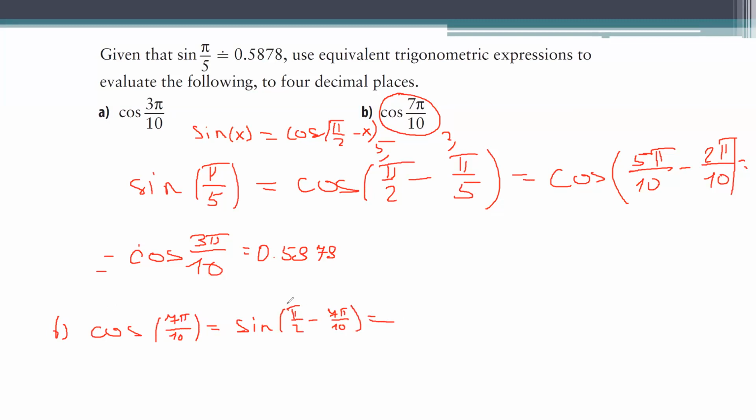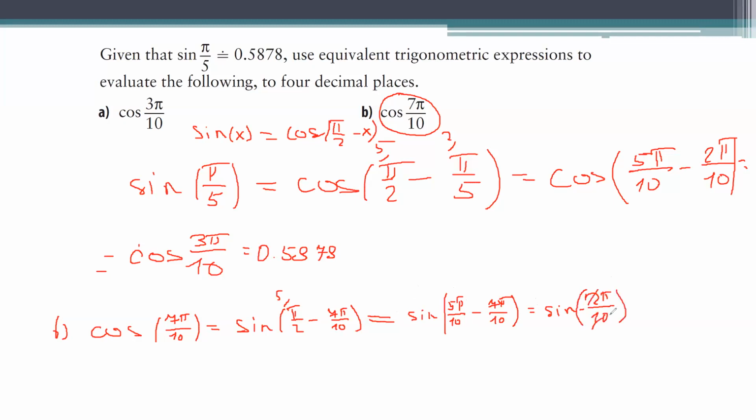Now this times 5, which gives me sine of 5 pi over 10 minus 7 pi over 10, which leaves me with sine of minus 2 pi over 10, right?